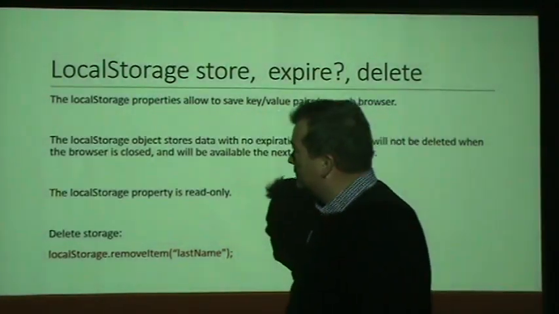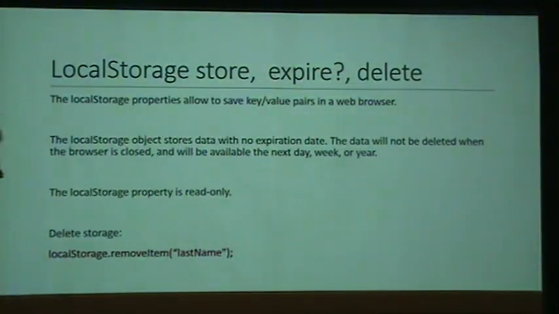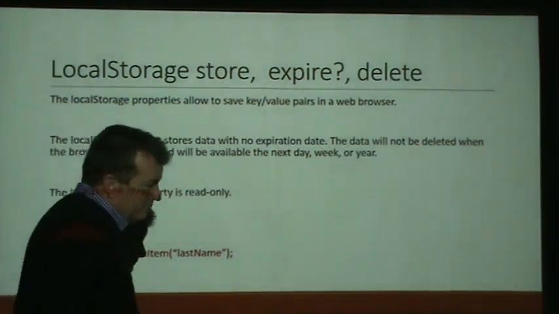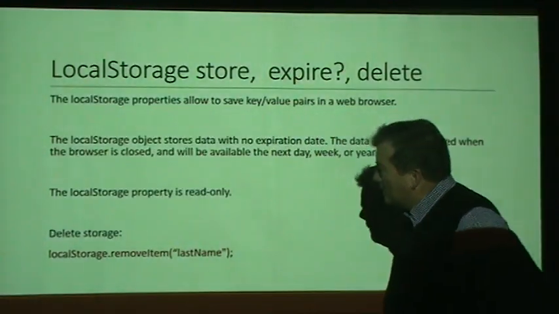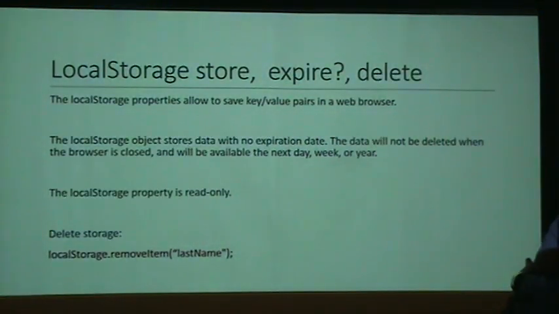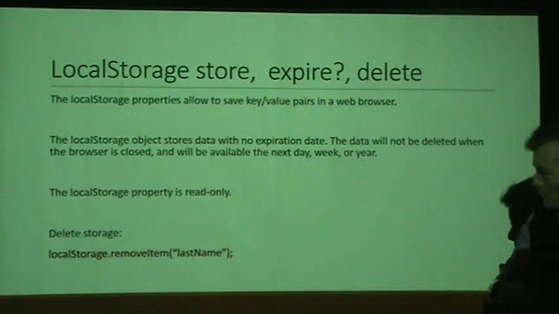Okay. So does local storage have the idea of storing and expiring and deleting? The local storage property allows you to save key value pairs. Right, we already covered that. Local storage objects store data with no expiration dates. The data will not be deleted when the browser is closed.